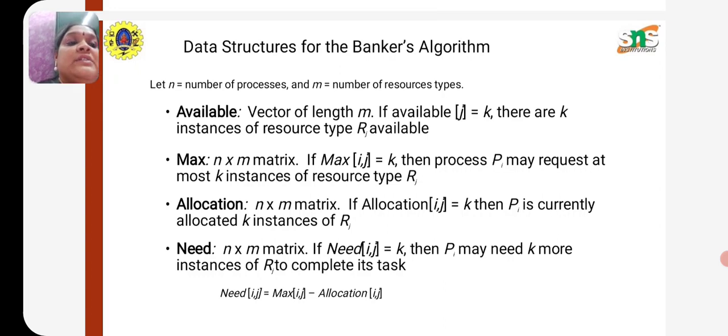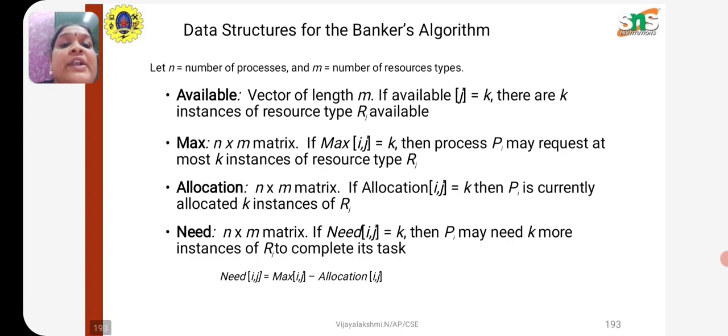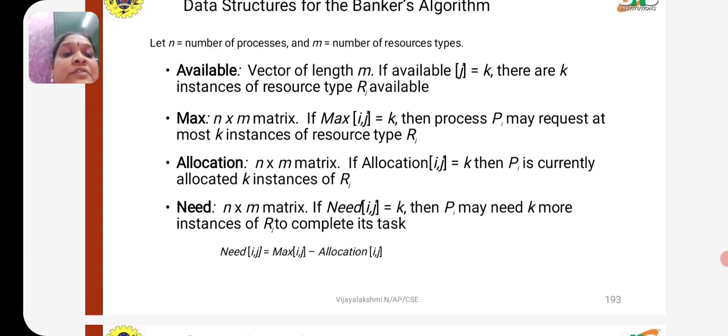Available holds the resources that are available. Max keeps how many maximum resources a particular process needs. Allocation keeps how much is allocated, and Need keeps the count of the remaining need of a resource. The formula for Need is Maximum minus Allocation.